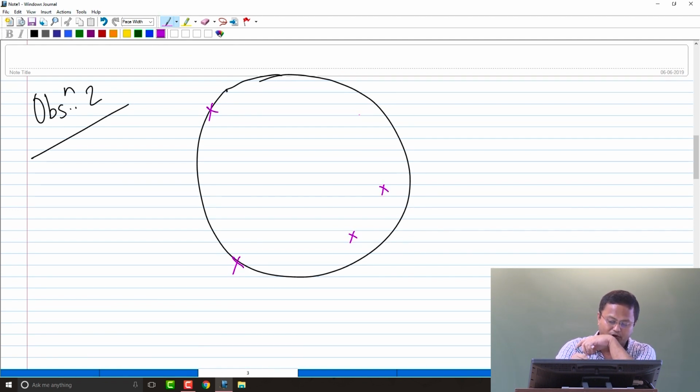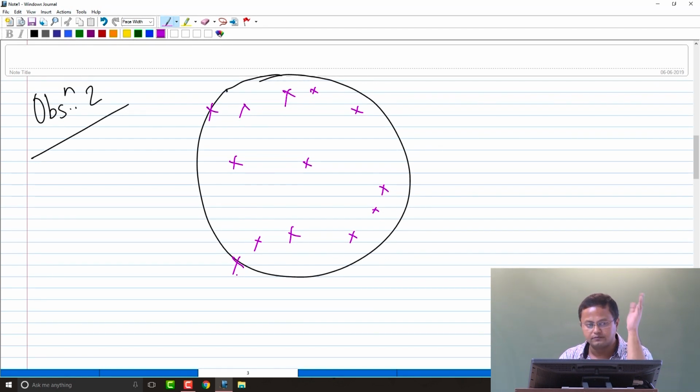He has said something more, let us try to figure that out. What he says is, if you have 2 points on the boundary for a minimum enclosing disk, then they should be diametrically opposite.